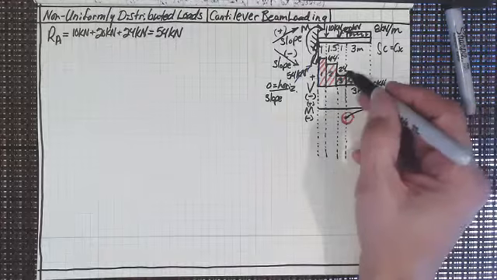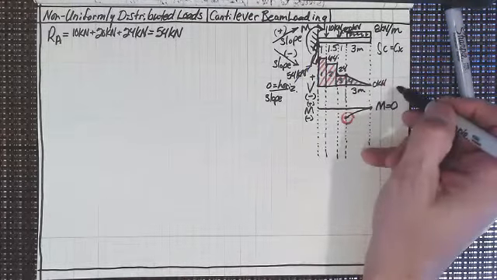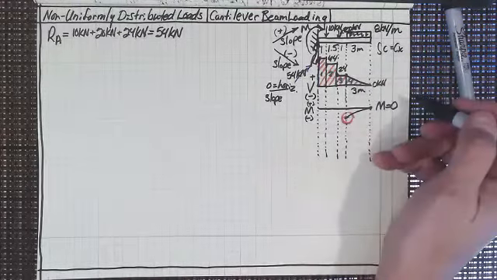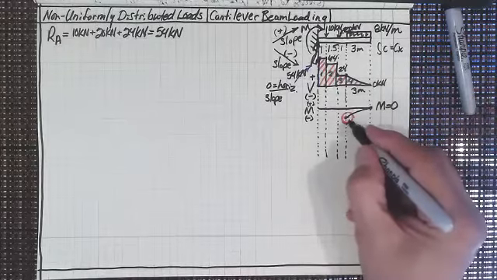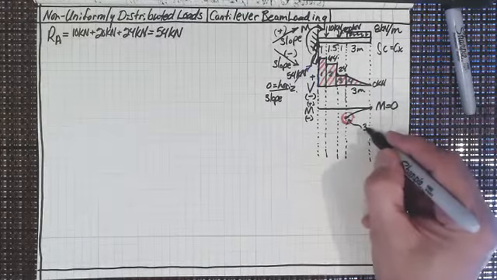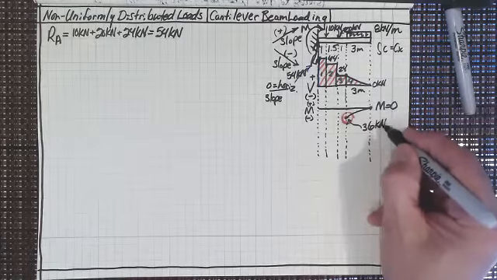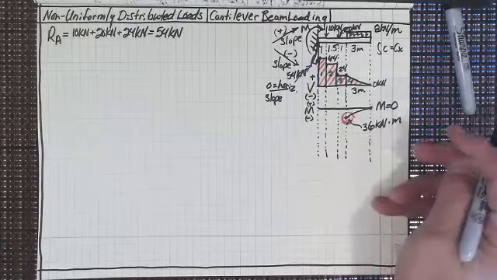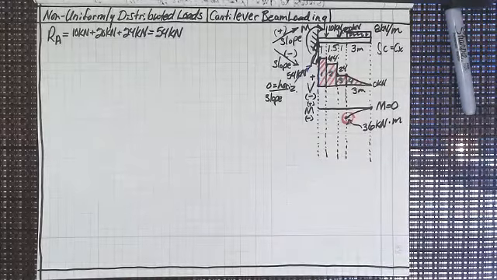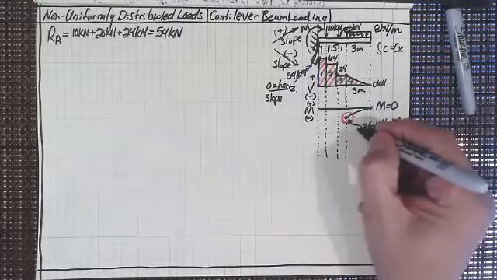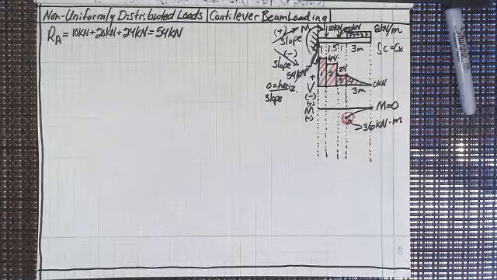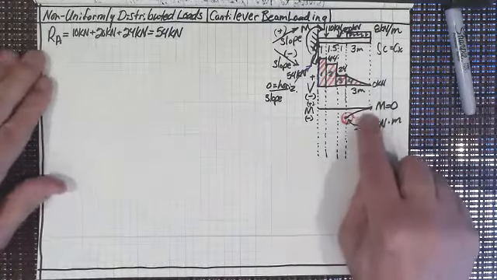So 3 times 24 divided by 2, that'd be 3 times 12, that'd be 36, wouldn't it? So isn't that 36 kilonewton meters? Does everybody see? Of course, it would be minus 36 kilonewton meters. And then that is going to go down to 0.